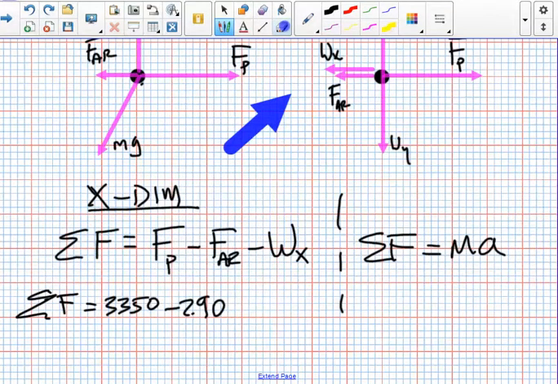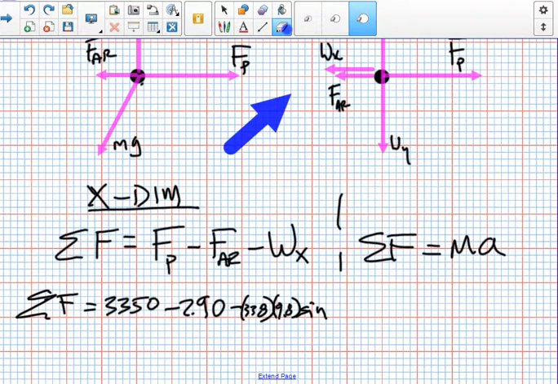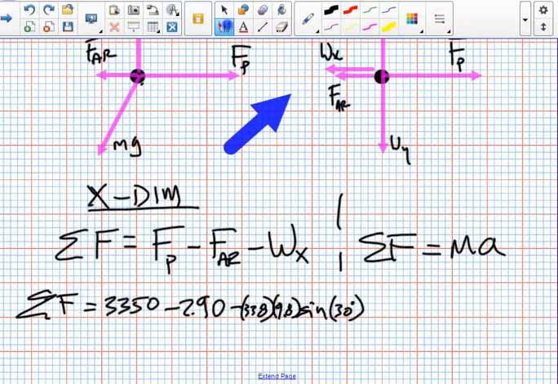So that's going to be minus the mass, which was 338, times g, times, careful, sine of the 30-degree angle. Because remember, if we're going to use that angle, we have to flip the sine and cosine for inclined planes, because that angle isn't actually the reference angle.